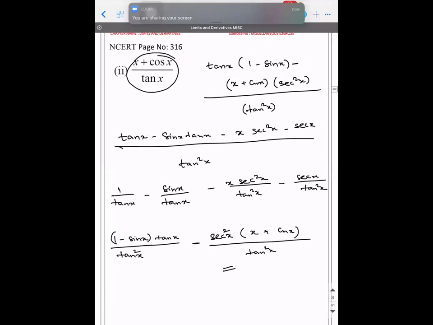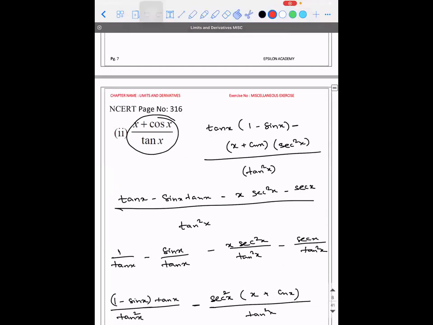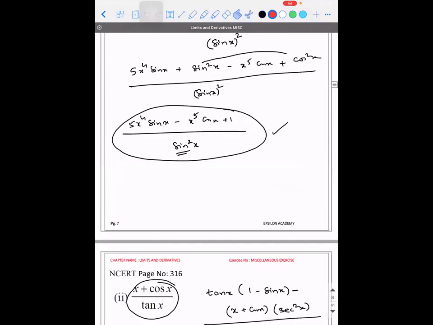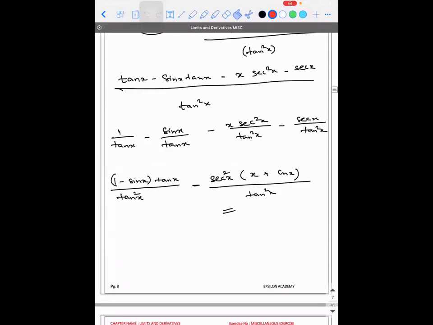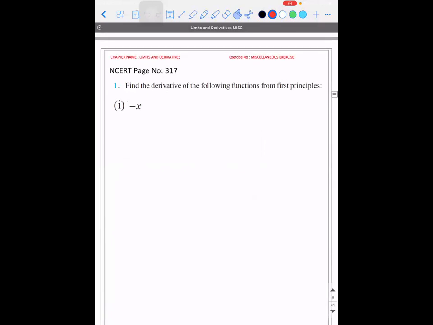We have completed example 22, the second problem of it. Next is the NCERT page, the miscellaneous exercise.